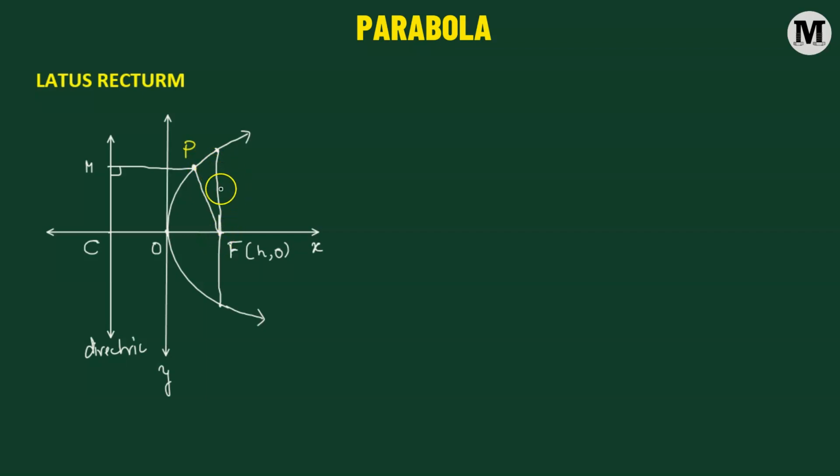Now our goal will be to find the length of this latus rectum. Clearly this is the point P which is lying on the parabola. Let's say it has the coordinates (x, y). Now we know that the equation of this parabola, we have already defined it as y squared equals 4hx. Now what is the x coordinate of this point P? The x coordinate of this point P is nothing but the distance of the focus from the origin, which has a length of h.